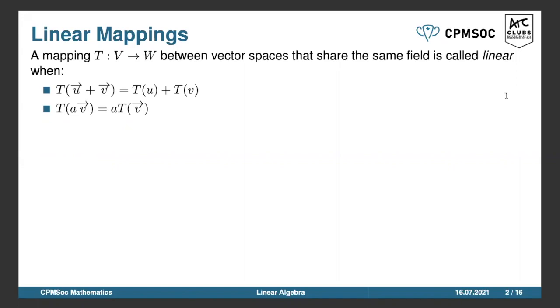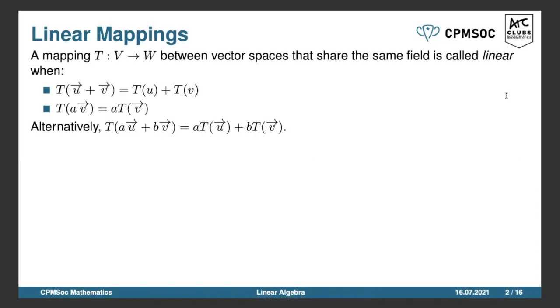The first property is that the transformation of vector U plus vector V is equal to the transformation of U plus the transformation of V. This is called the vector addition property that we have to satisfy for a transformation to be called linear. The second property is the scalar multiplication property, which is the transformation of a scalar A times vector V is equal to that scalar A times the transformation of vector V.